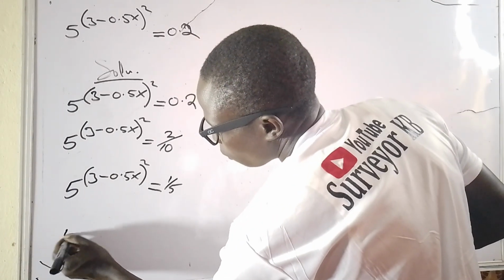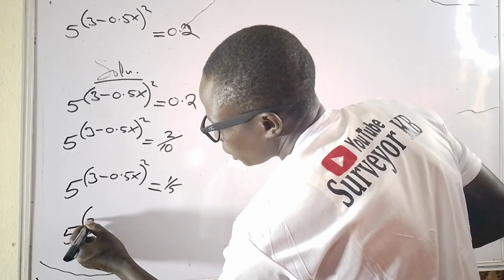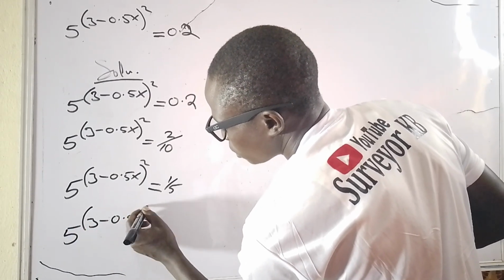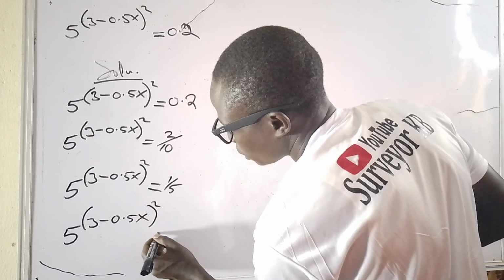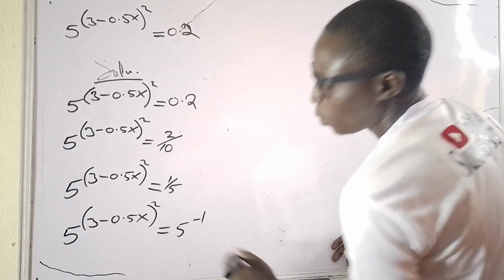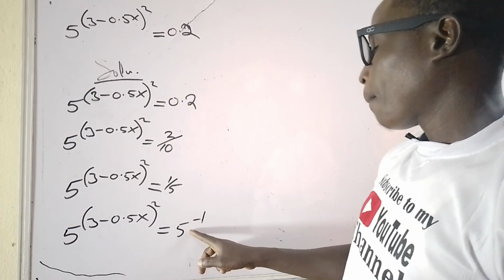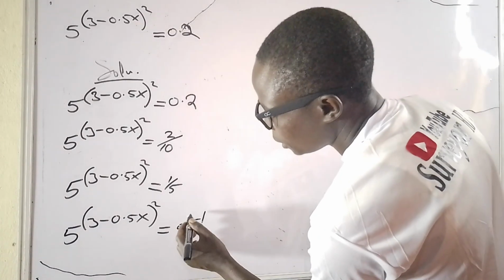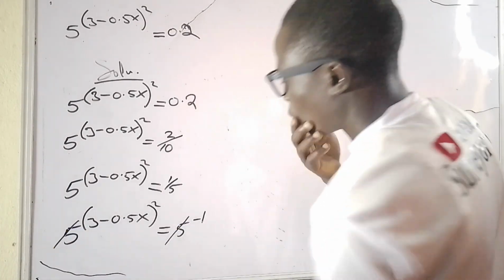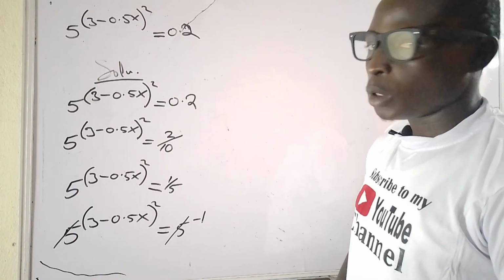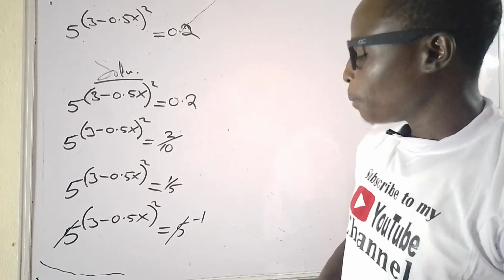So 5 raised to the power of (3 minus 0.5x), whole squared, is now equal to 5 raised to the power of minus 1, and 1 over 5 is still the same thing. So this 5 will go with this 5, having the same bases. We all know that we have to equate the two bases and make use of the powers.